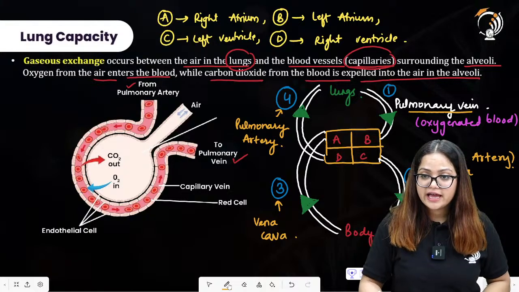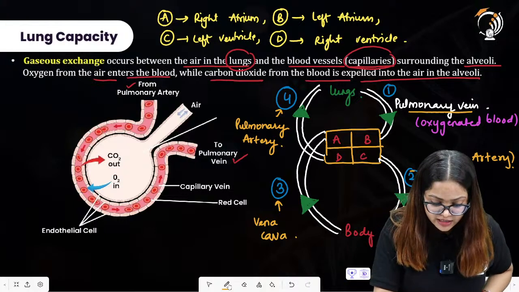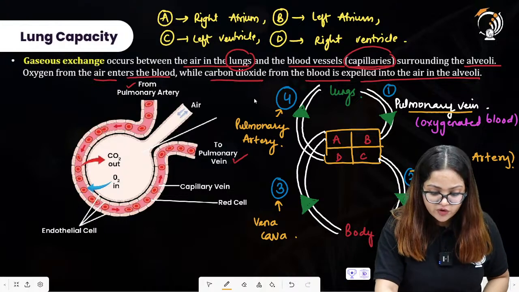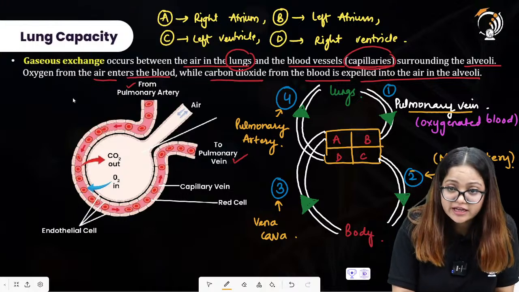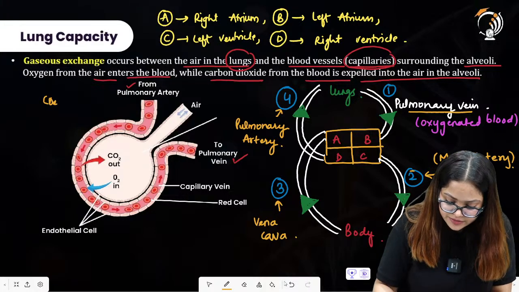Alright, the answer has come from Joshitha again, that is deoxygenated blood. This should be the answer for the pulmonary artery, right? So from the pulmonary artery, deoxygenated blood has entered.